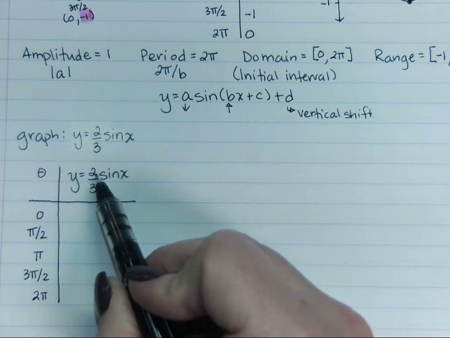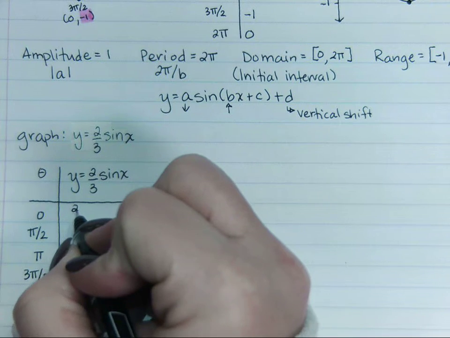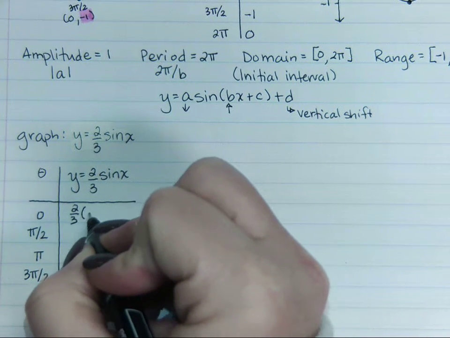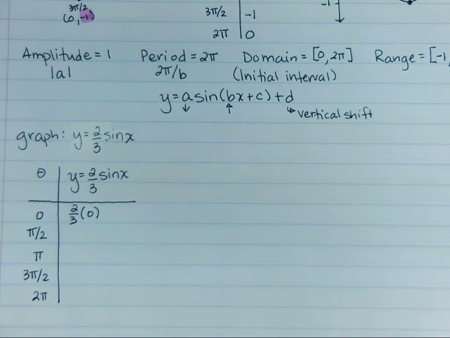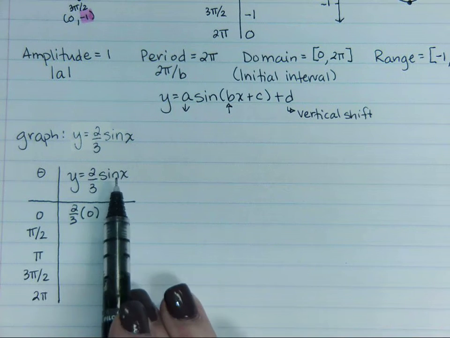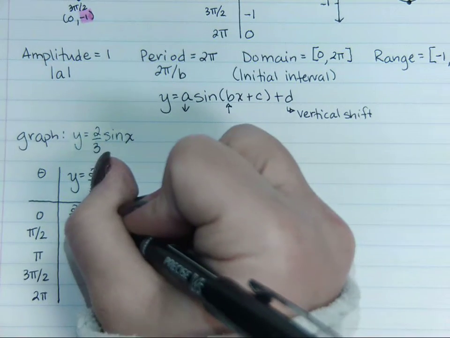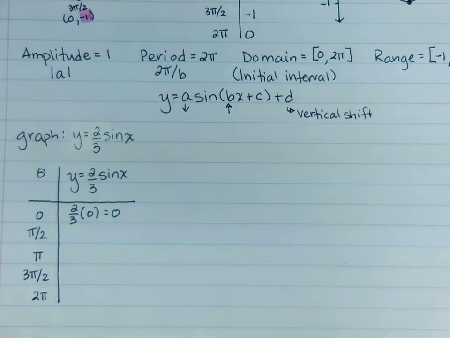So there's an invisible multiplication inside here. And so what this is doing is saying take 2/3 of what happened at the coordinate that was already there. All right, so on our other chart at 0, the sine of x was 0. And so now I need 2/3 times that, which is just 0.